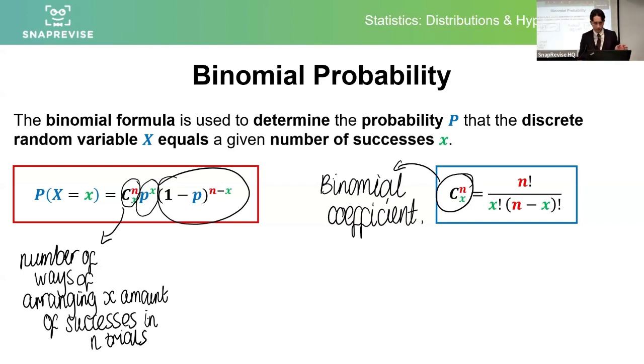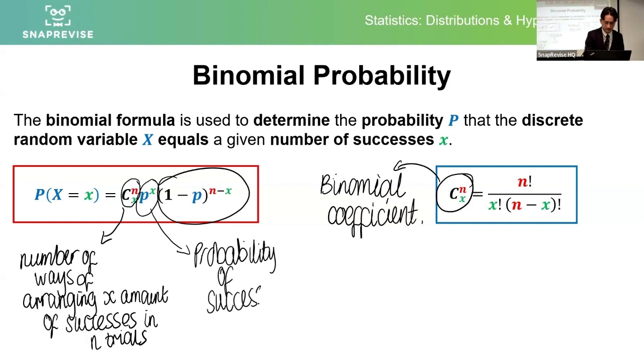Anyway, you know what I mean. So x amount of successes in n trials. Then very simply we have the probability of success to the power of the number of successes we want. And then this will be the probability of failure, and we're multiplying it all together.